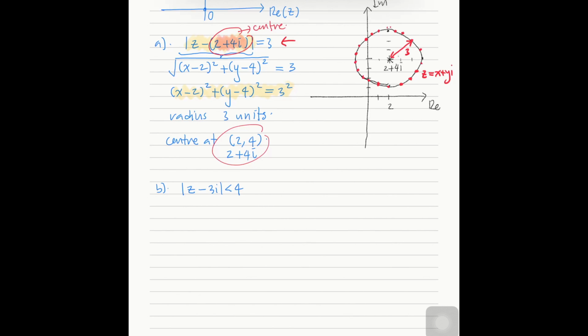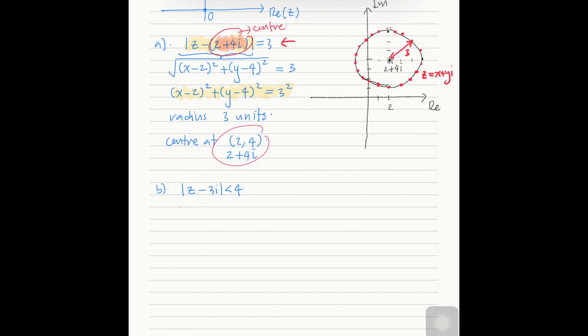Alright, the next example is the modulus of z minus 3i less than 4. If we want to write the full equation, we can write it as x plus yi minus 0 plus 3i less than 4, and we want to find the modulus or magnitude of these two complex numbers.